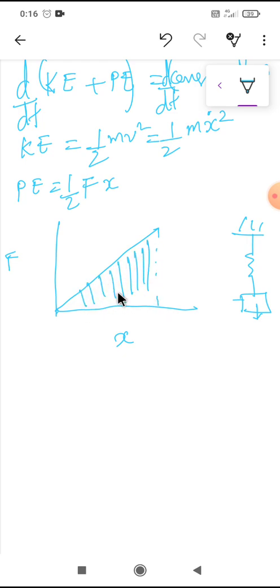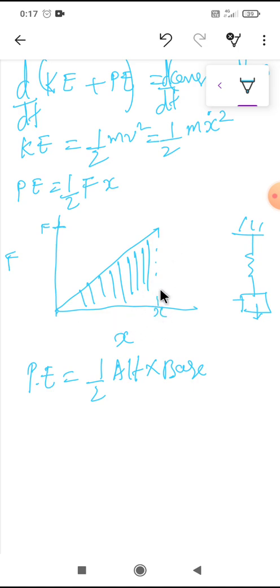So what is the area under this curve? This is a right angle triangle. The area of the triangle is half altitude into base. Suppose the maximum force is F, and the distance traveled is x.